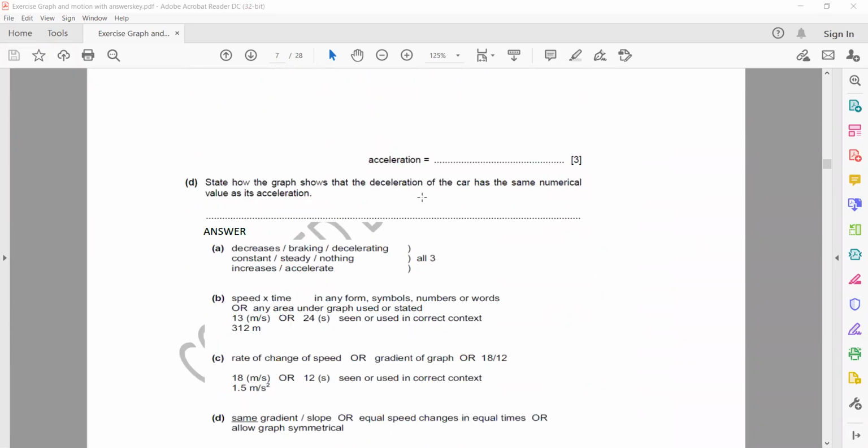State how the graph shows that deceleration and acceleration have the same numerical value. It means, for example, if acceleration here is coming out as 1.5 meters per second squared, the deceleration will be 1.5 meters per second squared as well. That's what they're saying. So how can we show that acceleration and deceleration have the same value?